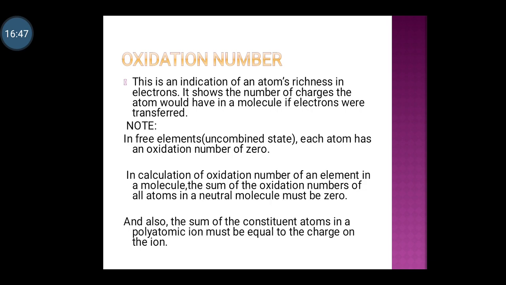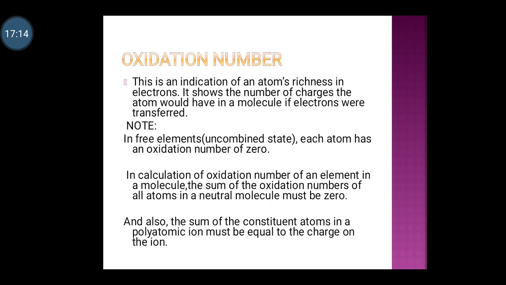Number 2 point is, in calculation of the oxidation number of an element in a molecule, the sum of the oxidation numbers of all atoms in a neutral molecule must be 0. Now, a molecule is a combination of elements. You could have one or more than one element making a molecule.